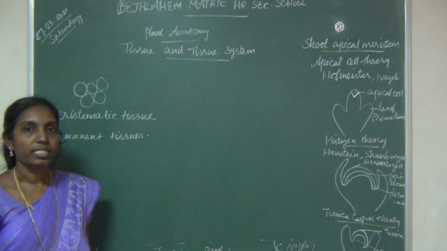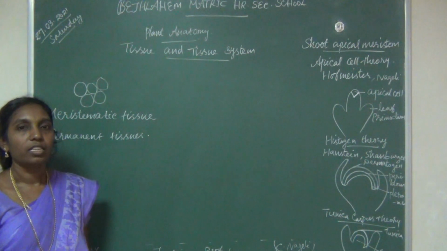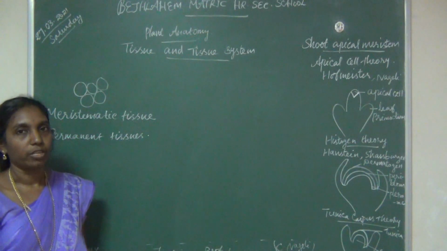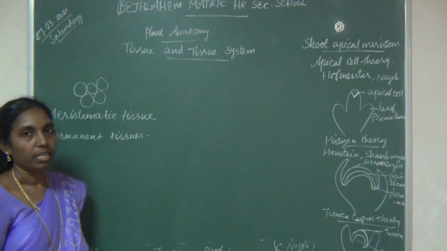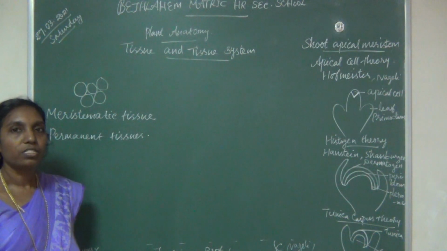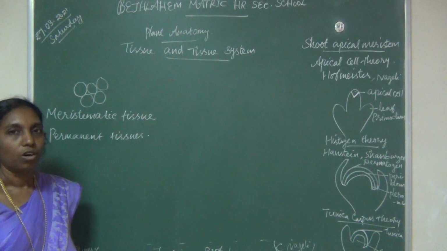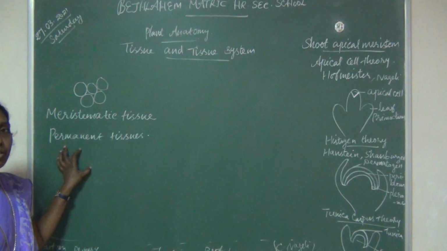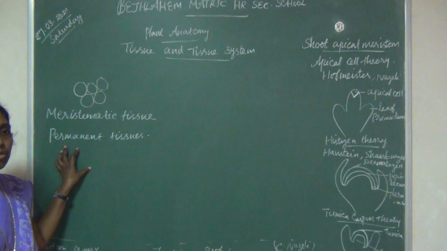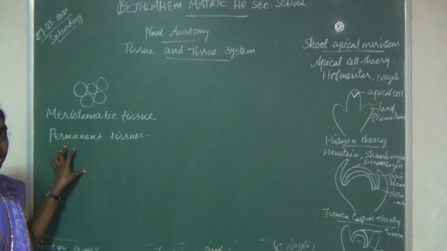Without microscopic examination, we may not learn the internal organization of the plant body. So first you learn the definition: the study of internal structure and organization of plants. Then there are two different types of tissue, meristematic tissue and permanent tissue.